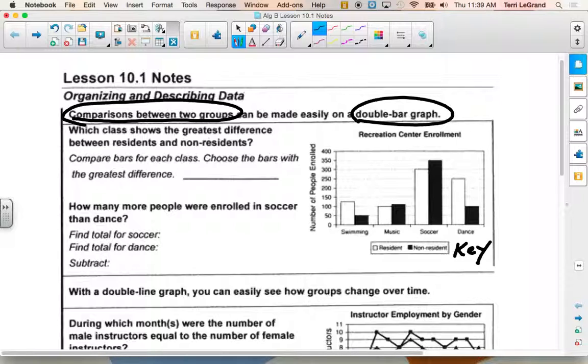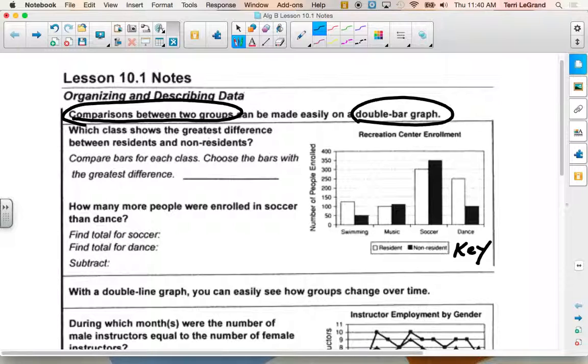So it says, which class shows the greatest difference between residents and non-residents? They suggest here that we compare the bars for each class, and then choose the bars with the greatest difference. So we have swimming class, music class, soccer class, and dance class. Which one appears, just by looking at it, to have the greatest difference? It looks like it could be dance, doesn't it?